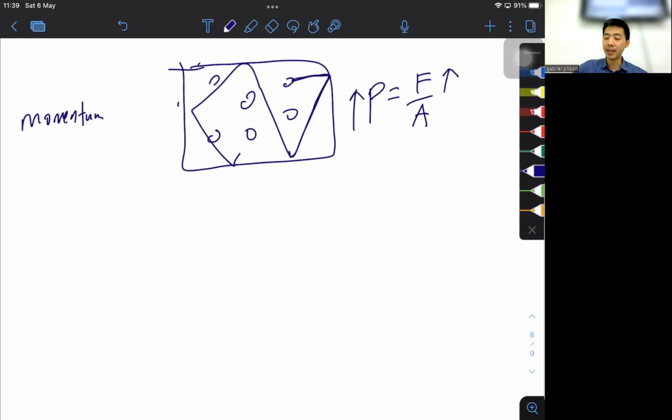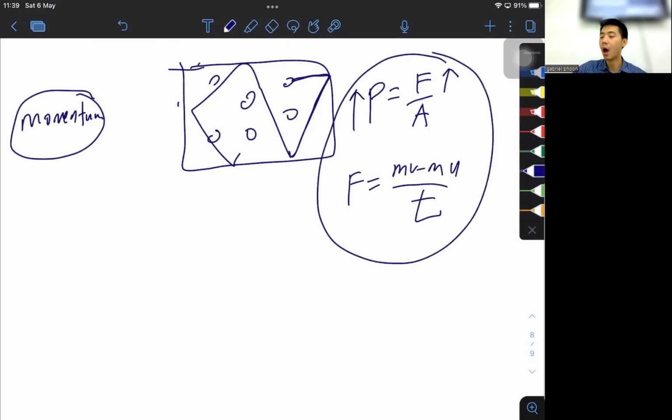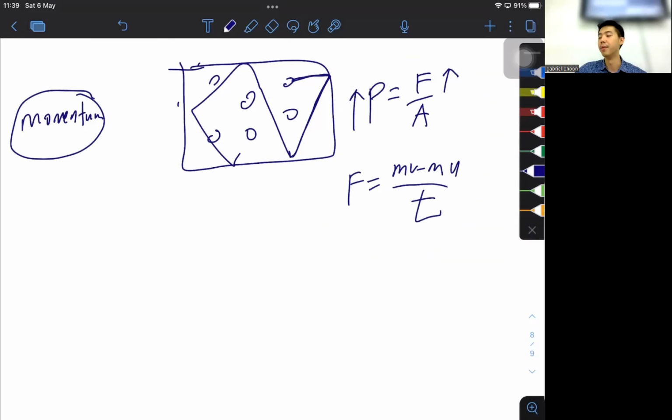But if we are asked in terms of momentum, which I have a huge hunch is coming in this exam, you're supposed to add one more layer to the formula, which is F equals mv minus mu over t. If you can remember these two formulas, you can bullshit your way through already.